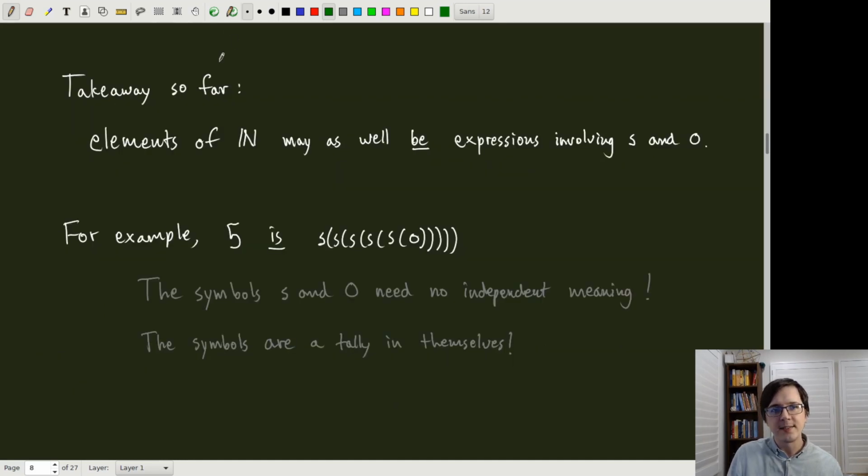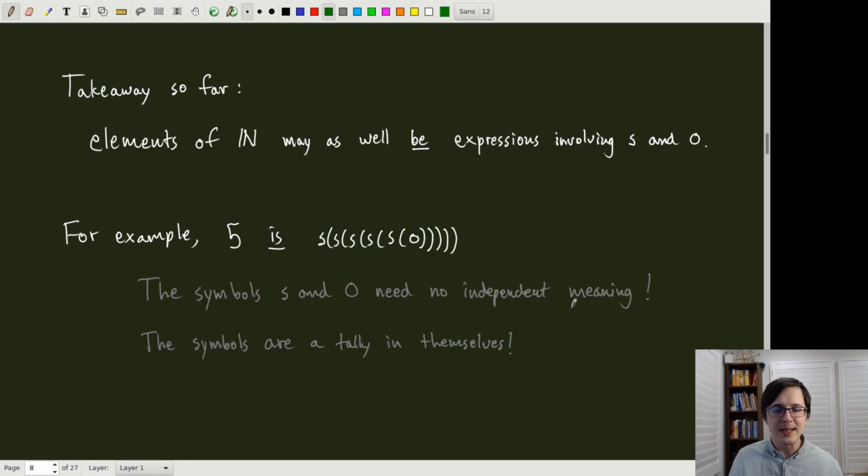So a takeaway so far, just to summarize, is that elements of N may as well just be expressions involving S and 0. So there is nothing more fundamental than the symbolic expression of S's and zeros. So for example, 5, we just say it is S of S of S of S of S of 0. There's no more than that.